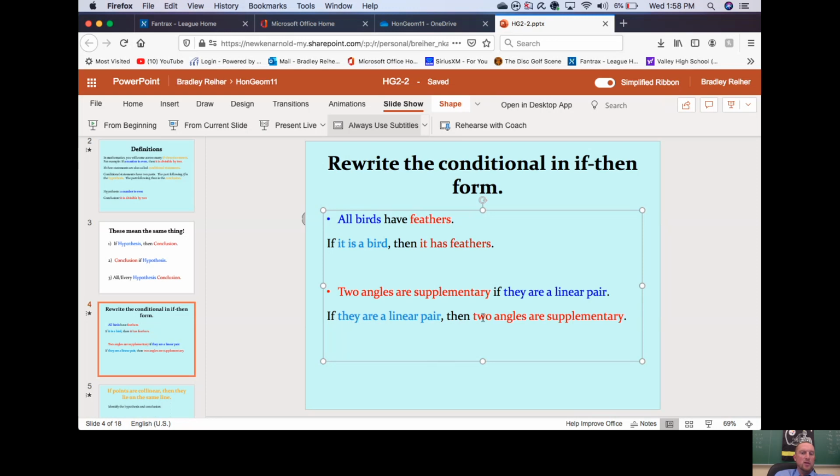If they are a linear pair, then two angles are supplementary. But what I like to do is use the pronoun they second. What are they talking about when they say they? They're talking about two angles. After that, you can use the pronoun. If two angles are a linear pair, then they are supplementary.